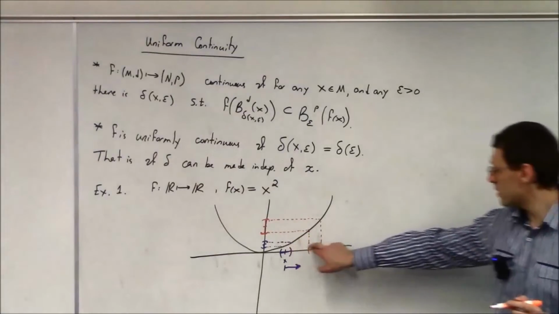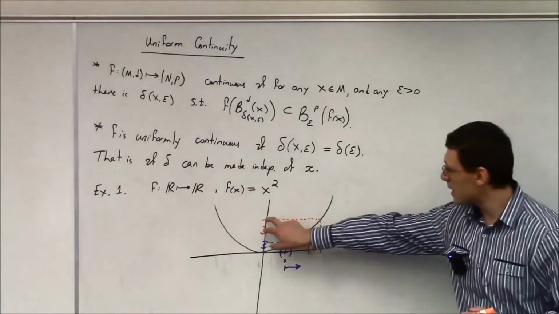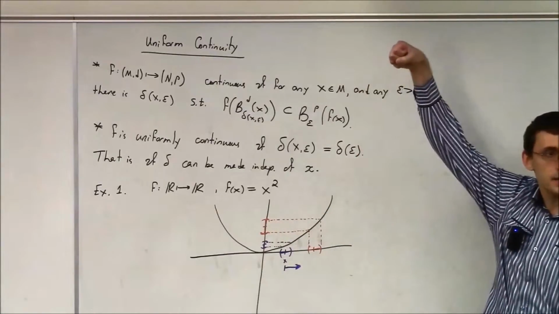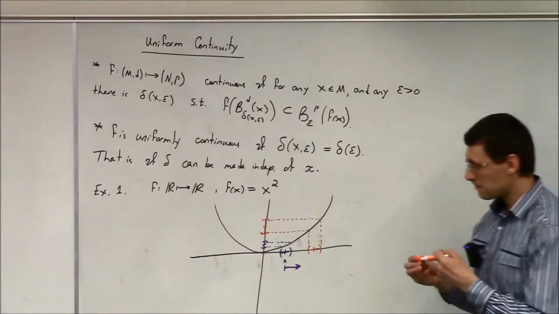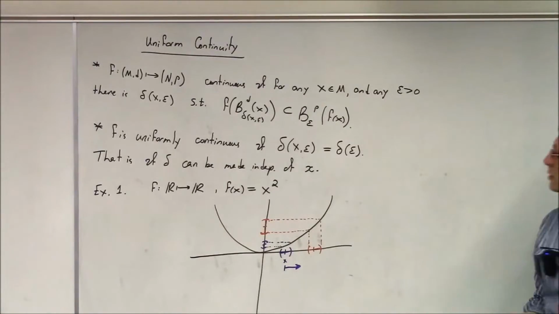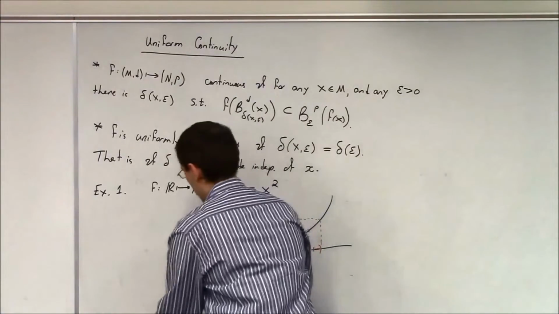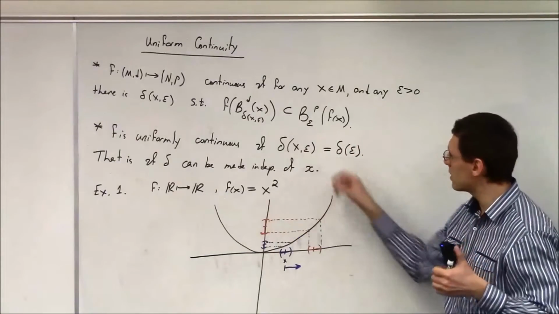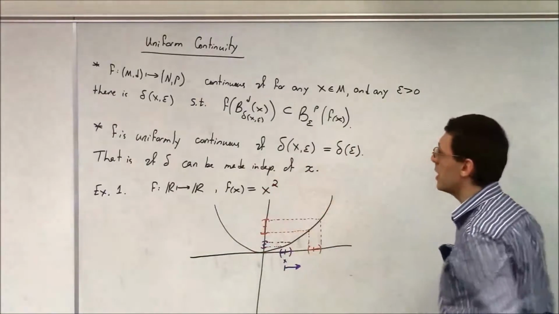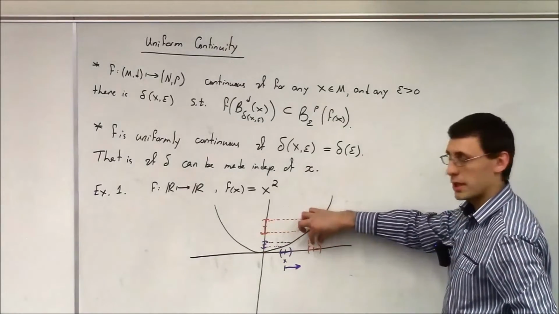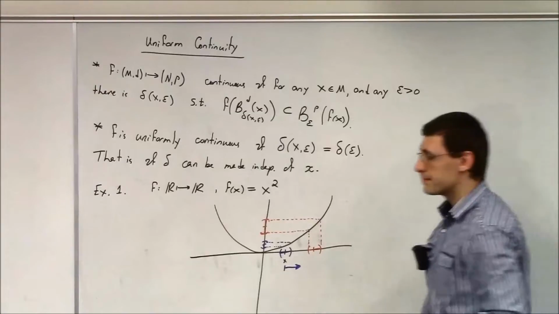And as you push this interval farther and farther, you will see that this interval will move up and expand in size. So that means that this function is not uniformly continuous. You see that, right? Because in order to make sure that all the points are within epsilon away from f of x, I will need to shrink the moving interval.